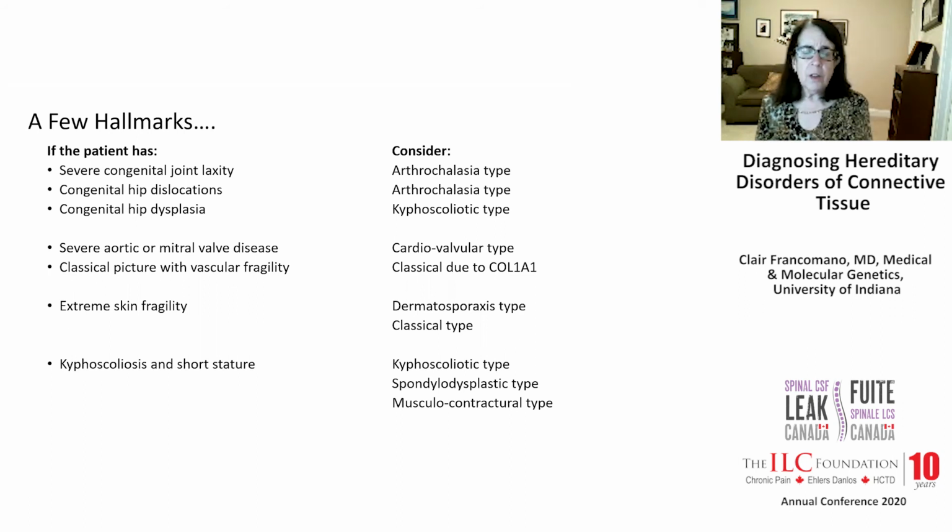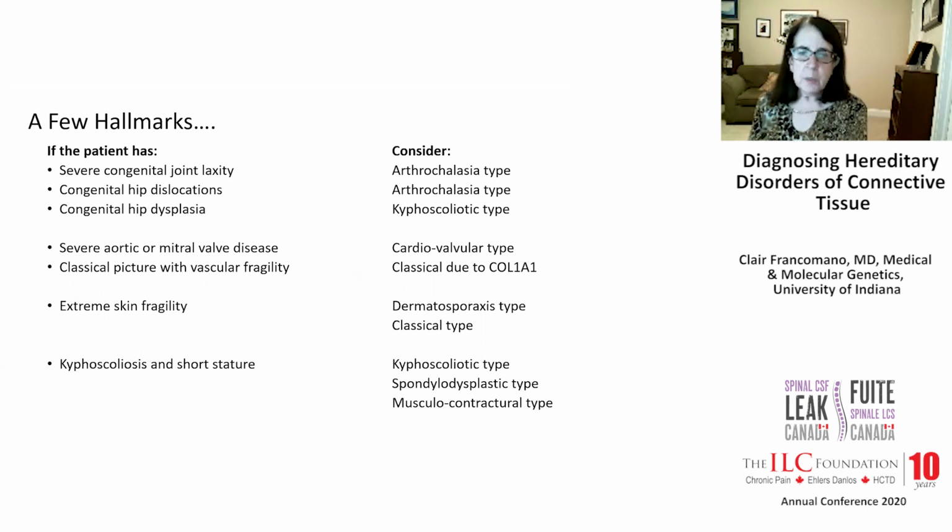If the patient has severe aortic or mitral valve disease, think about the cardiovalvular type. And if it's a classical picture but really has some vascular fragility as well, there is a classical type due to COL1A1 variants that does present with vascular fragility and a classical type appearance.